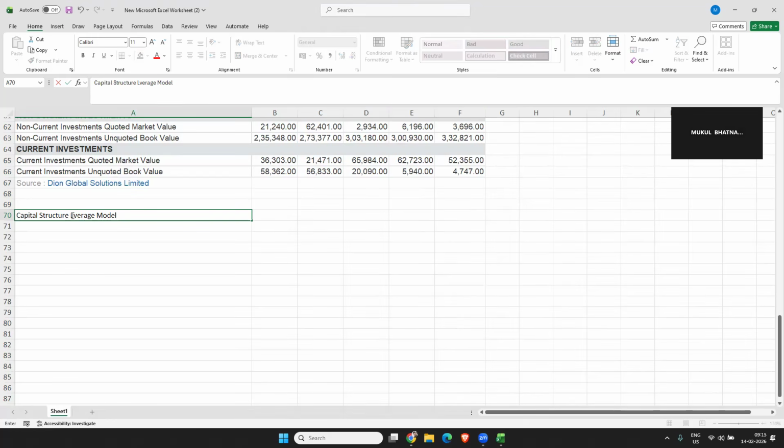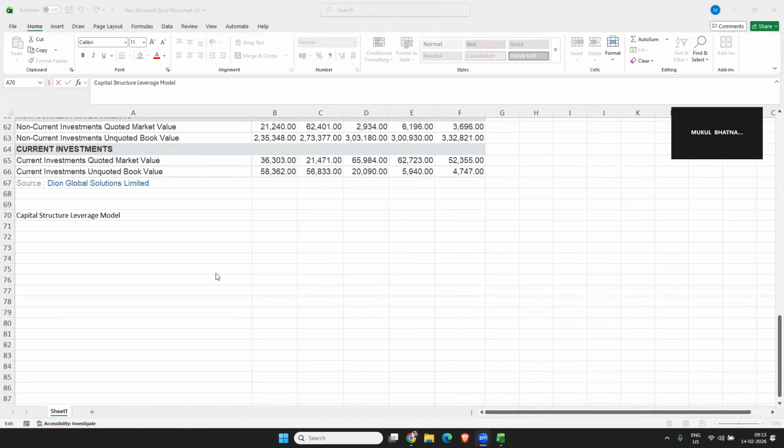After calculating capital structure leverage model, the second thing that we will calculate is financial risk trend.